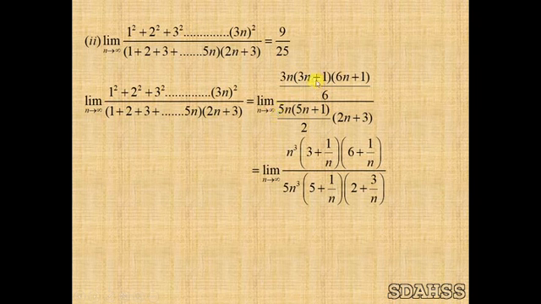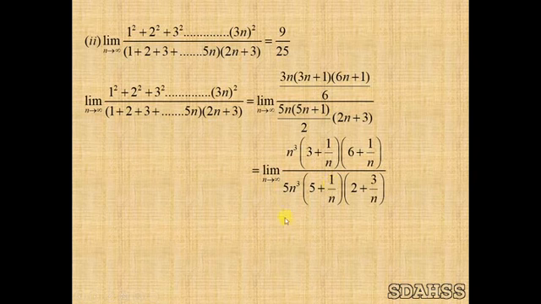Before that, here n you take outside, here also you take outside, so remaining you have n into n cube into, cancel the numerator and denominator by 3 tables, so you have 2 cancel, so you have 3 into 1 plus 1 by n into 6 plus 1 by n divided by, similarly here also you take n outside, so totally you have n cube into 5 plus 1 by n into 2 plus 3 by n. n cube cancels.